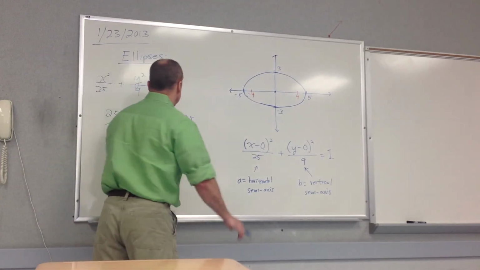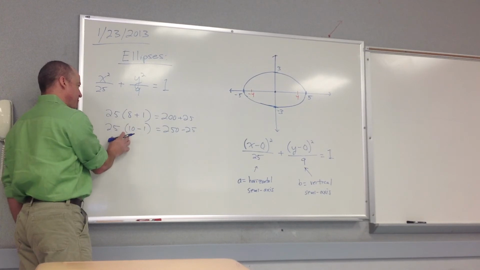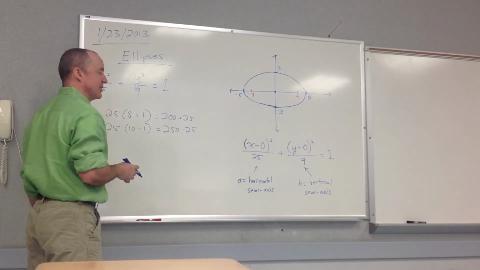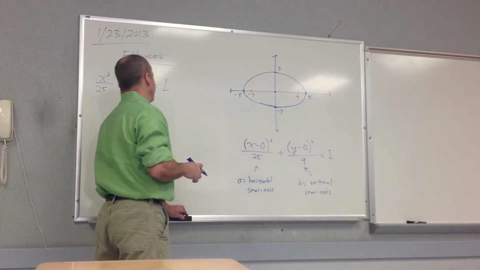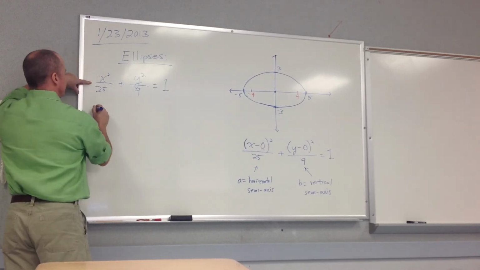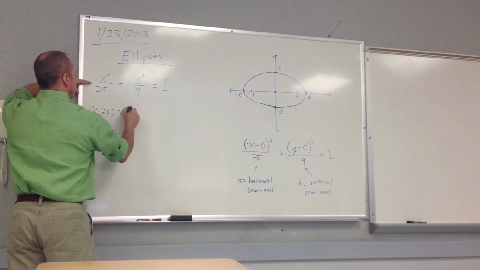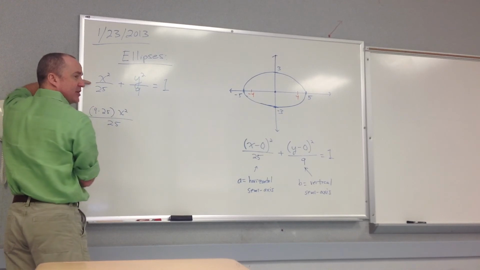You're going to want to start thinking about some tricks like this, because we're going to do a lot of this without calculators. Either way you look at it, you're going to multiply everything by 225. When you multiply 9 times 25 times x squared over 25, I'm going to leave 225 as 9 times 25.